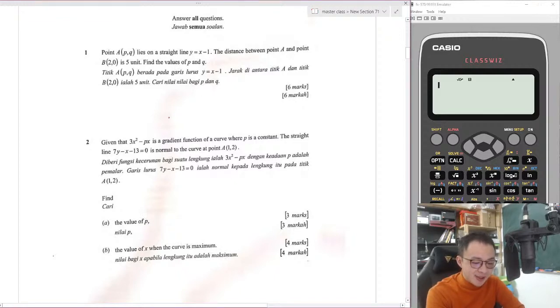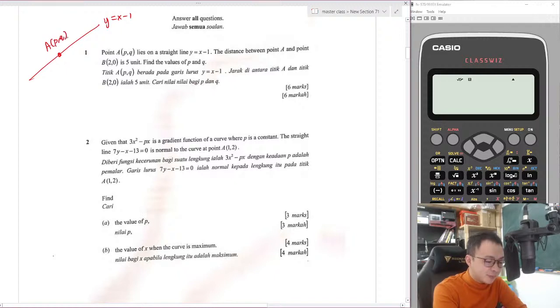So basically the logic for this question is you will have a straight line, something like this maybe. This line is y equals x minus 1, and point A will be somewhere on this line PQ.